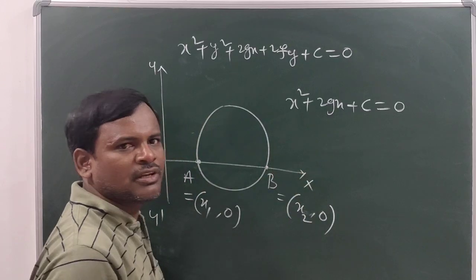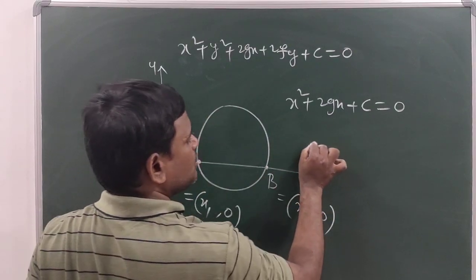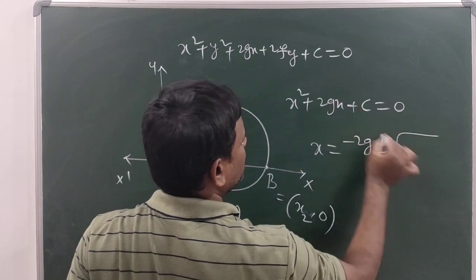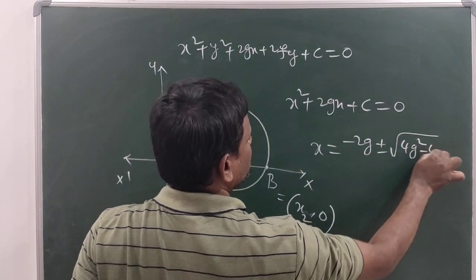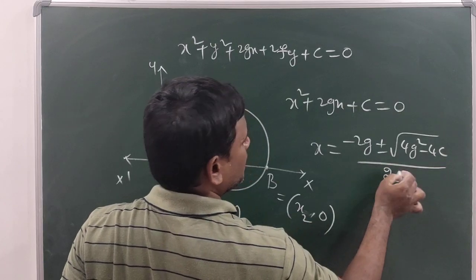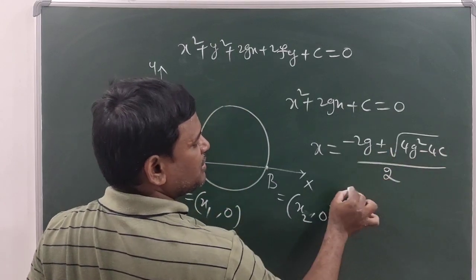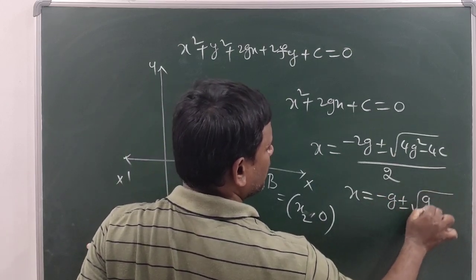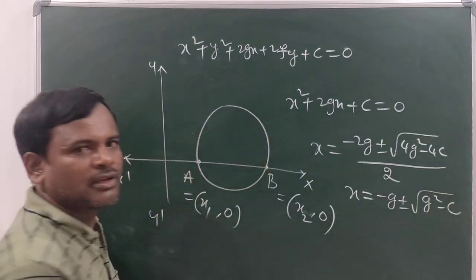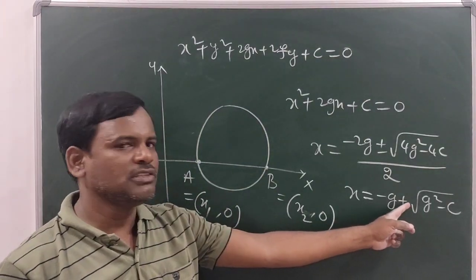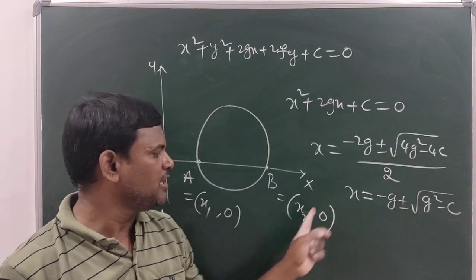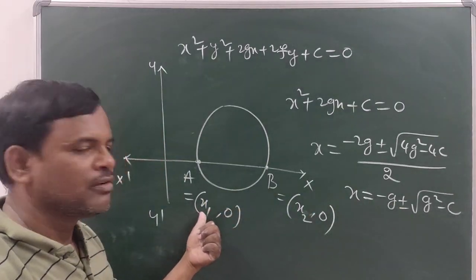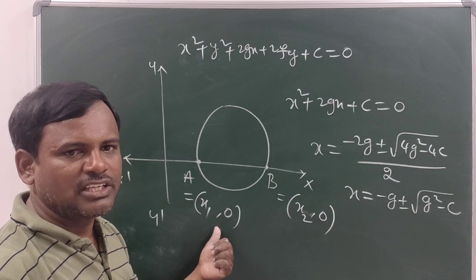Now solve this by quadratic formula so that you will get x equal to minus 2g plus or minus root of b square minus 4ac by 2a. So take 4 common and cancel with the denominator. Here you will get minus g plus or minus root of g square minus c. Now if you consider plus, you will get one value for x, that is x2. If you take minus, you will get one more value for x, that is x1.